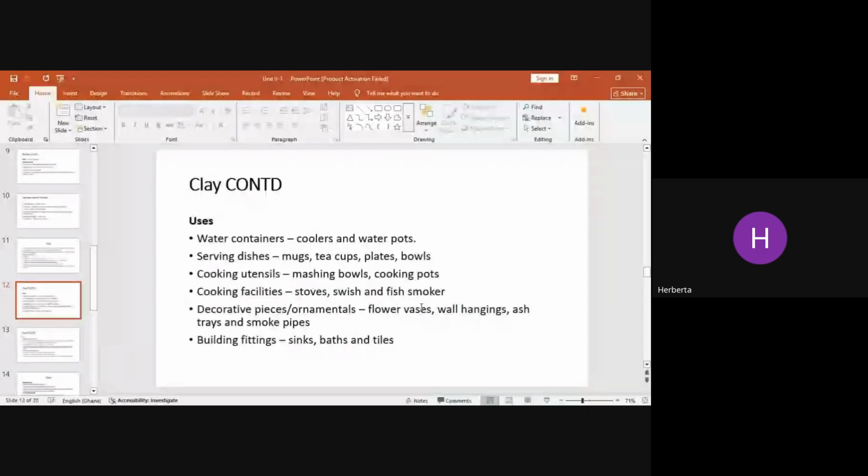Some are used as cooking utensils, like mashing bowls or cooking pots, cooking facilities, stoves, and fish smoker. Then some are used as decorative pieces, like flower vases, wall hangings, ashtrays, and smoke pipes. Some are also used as building fittings, like sinks, baths, and then tiles.